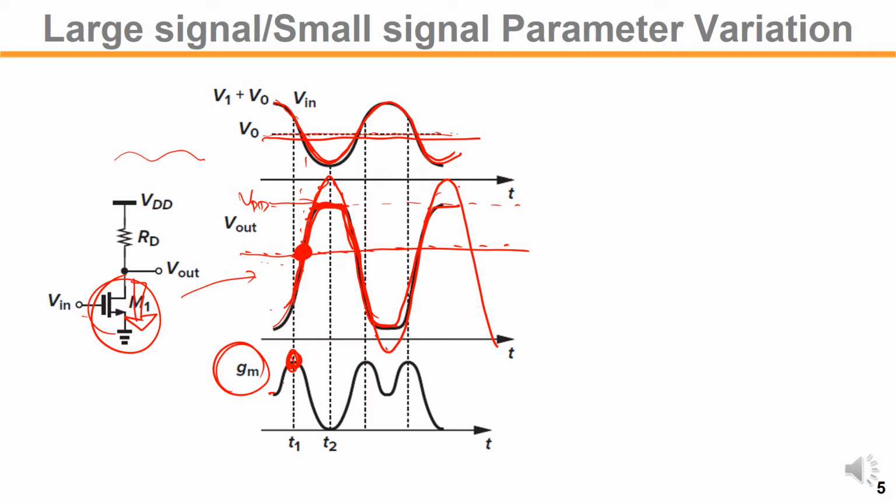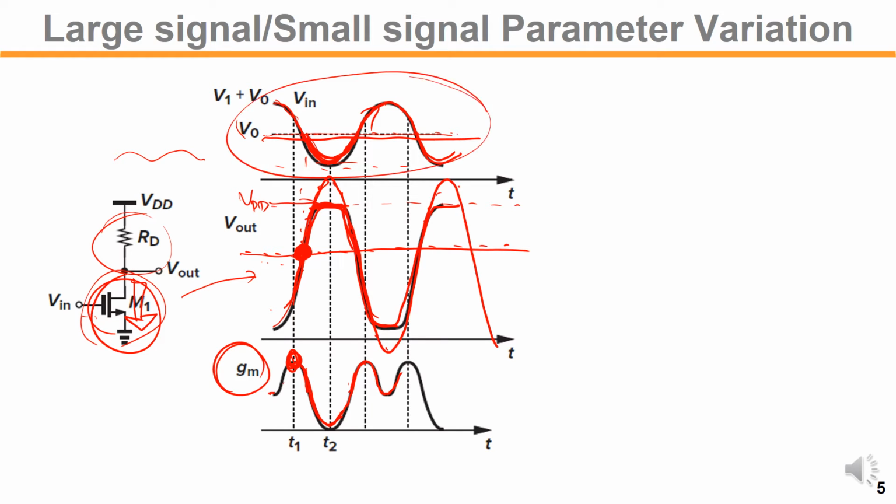If the input goes down, VGS goes down for M1, so GM goes down. Once the input approaches VTH of M1, your GM will collapse. When the input goes up, you get a large current through R1 and the drain of M1, so the GM goes up like this.